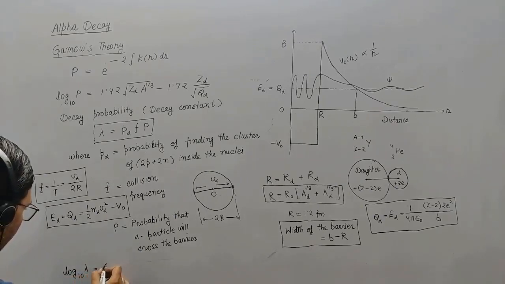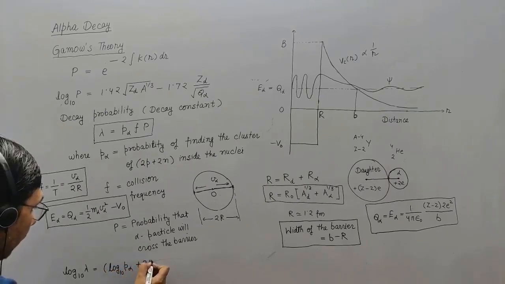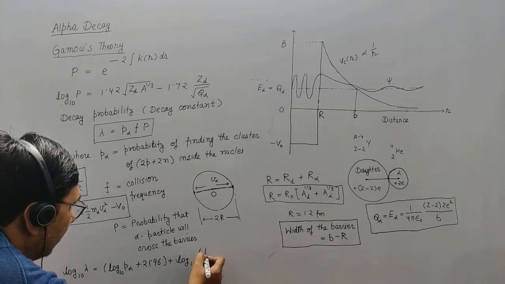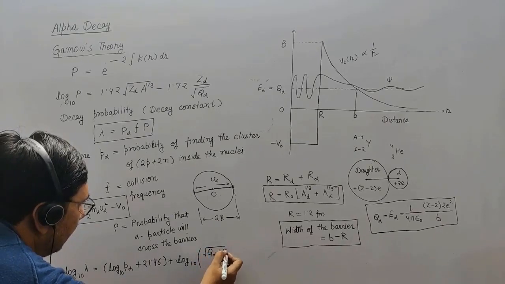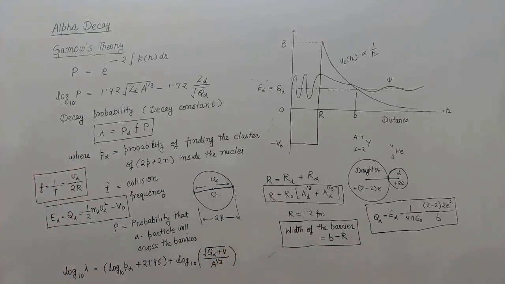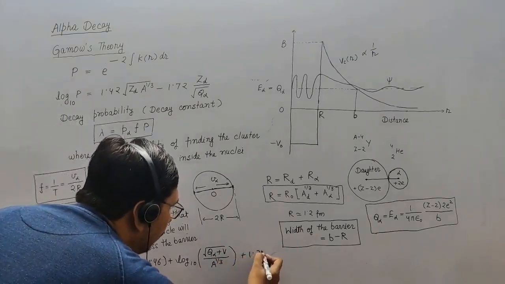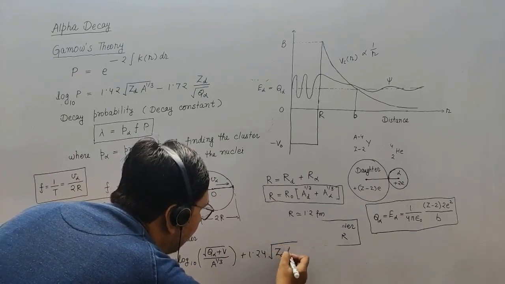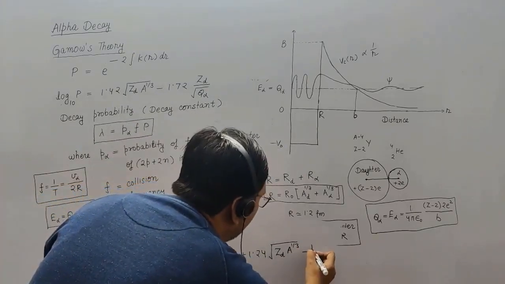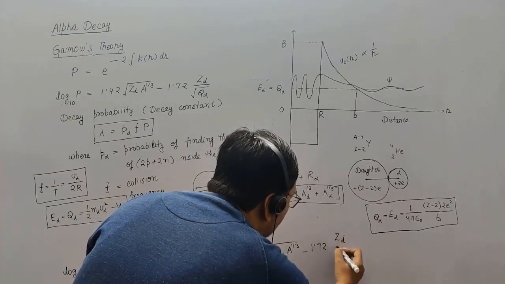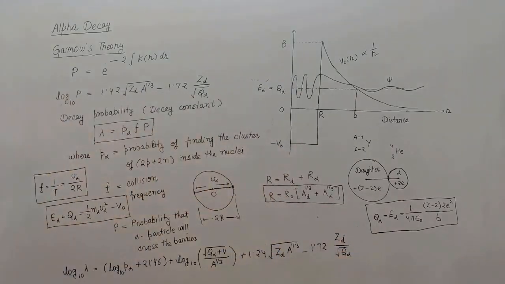This will be equal to log 10 to the base P alpha plus 21.46 plus log 10 to the base square root of Q alpha plus V divided by A to the power 1 by 3, plus 1.24 square root of ZD A to the power 1 by 3, minus 1.72 ZD upon square root of Q alpha. This is the final equation.